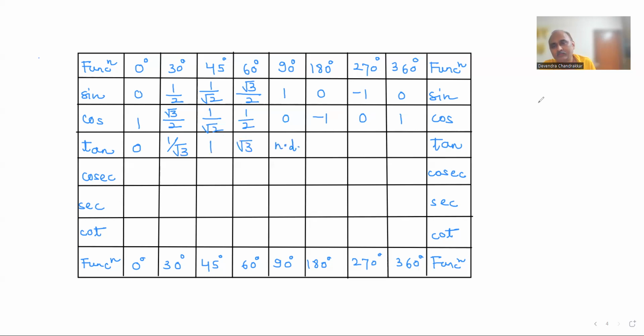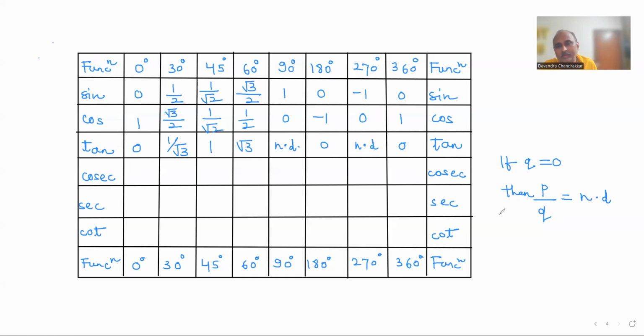For any fraction p by q, if q is equal to 0, then p by q is not defined. So here it's not defined. Tan 180 is 0. Tan 270 is not defined again. Tan 360 is 0 again.